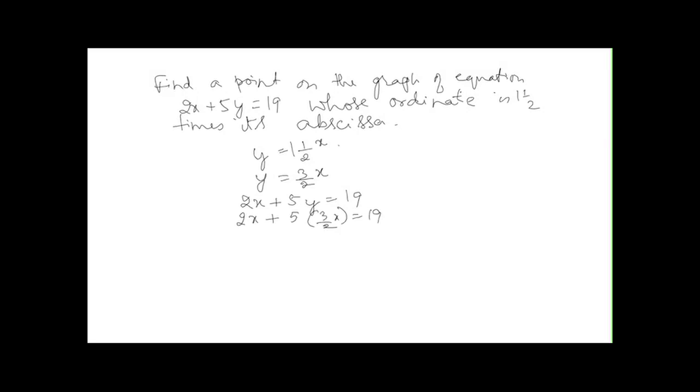X equal to 2? 2x plus 15x by 2 equal to 19. So 4x plus 15x equal to 38. 19x equal to 38. X equal to 2.